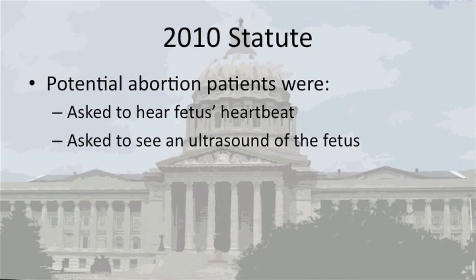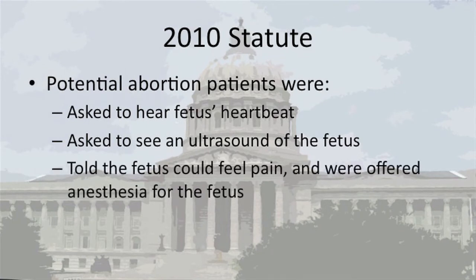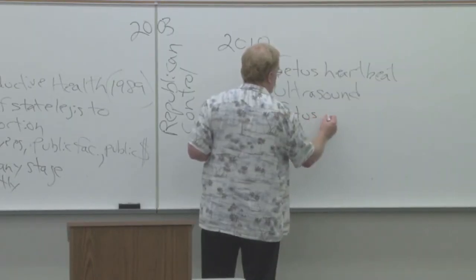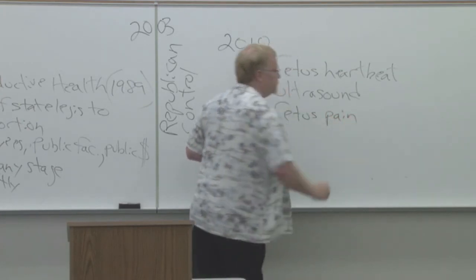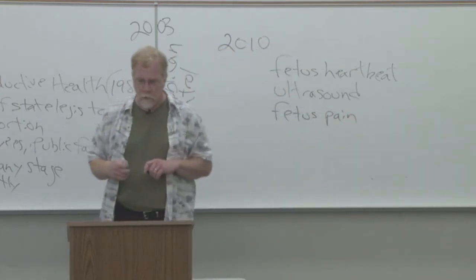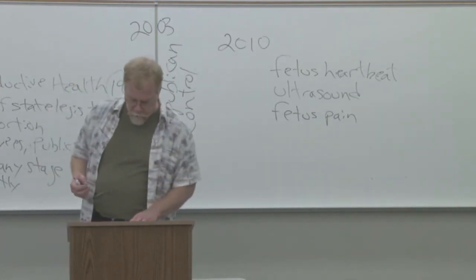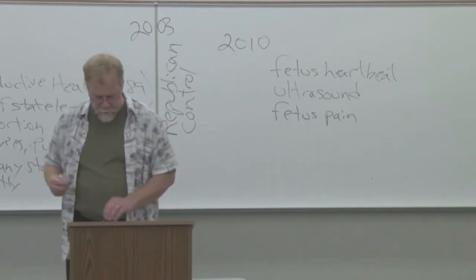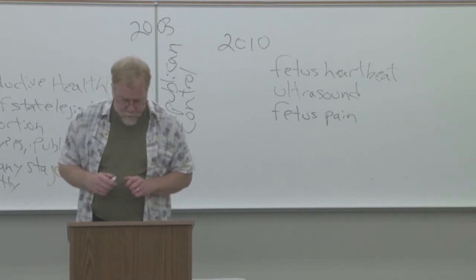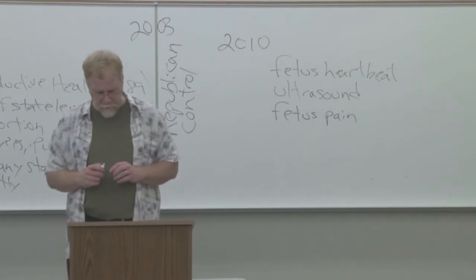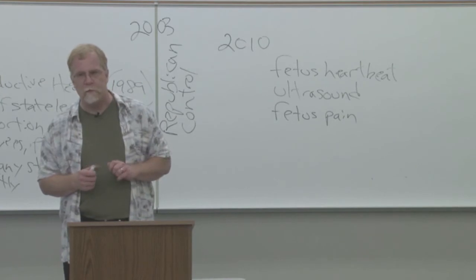Third, be told that the fetus feels pain and they will be offered anesthesia for the fetus. I guess we could make that fetal pain. They will also receive a pamphlet with the words, "The life of each human being begins at conception. Abortion will terminate the life of a separate, unique, living human being."